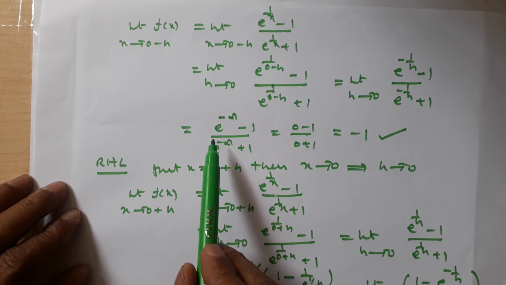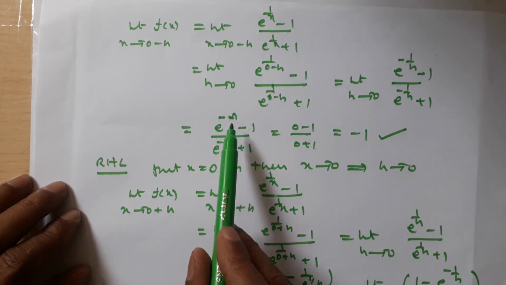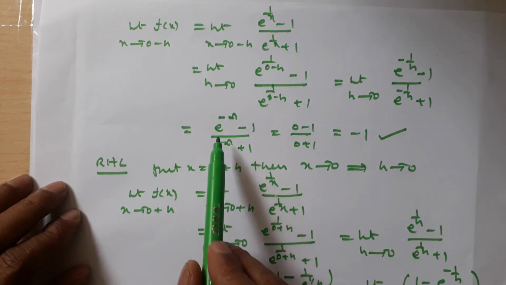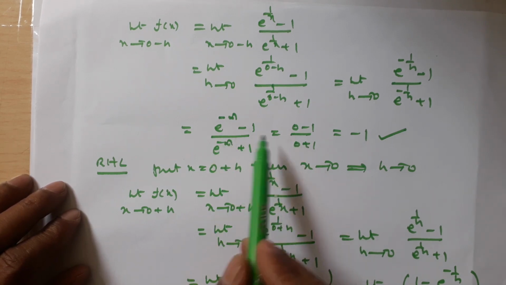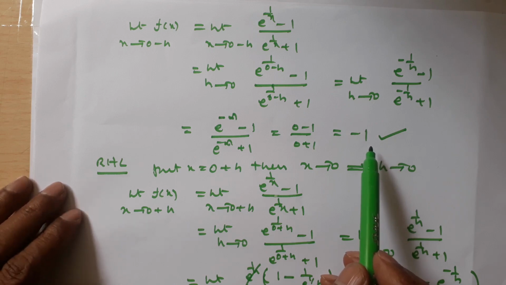Now applying the limit, it is e power minus infinity minus 1 divided by e power minus infinity plus 1. As we know, e power minus infinity value is 0, so 0 minus 1 divided by 0 plus 1, and the simplification is minus 1.